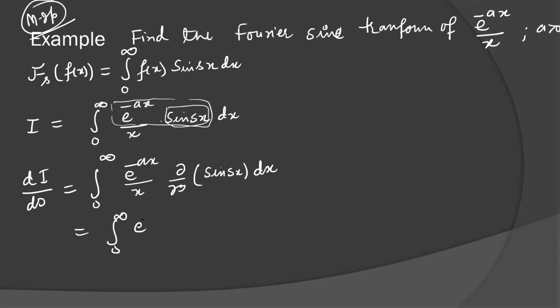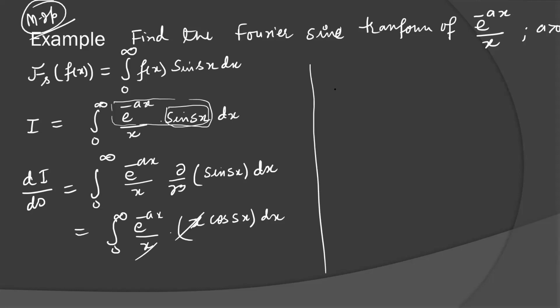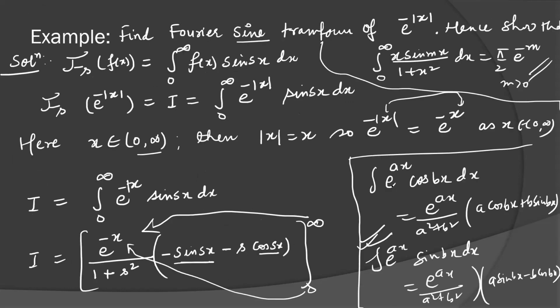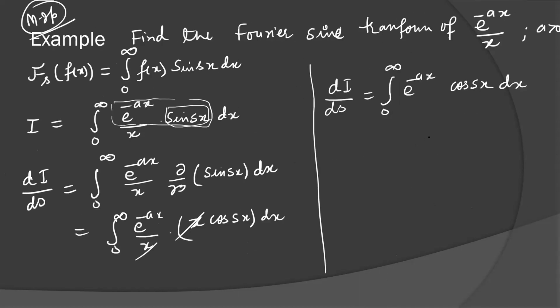The integral from 0 to infinity of e to the power minus ax over x will give you x cos sx dx. x is cancelled out. You have dI by ds equal to the integral from 0 to infinity of e to the power minus ax cos sx dx. Now you can use the first property I discussed here, e to the power ax cos bx dx. a is minus a in your case and b is s in your problem.